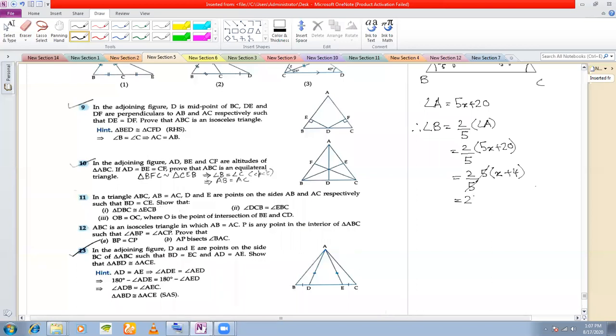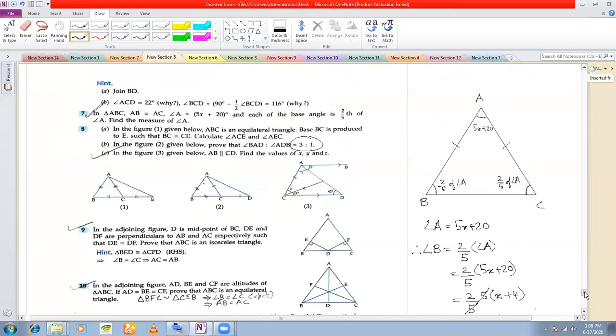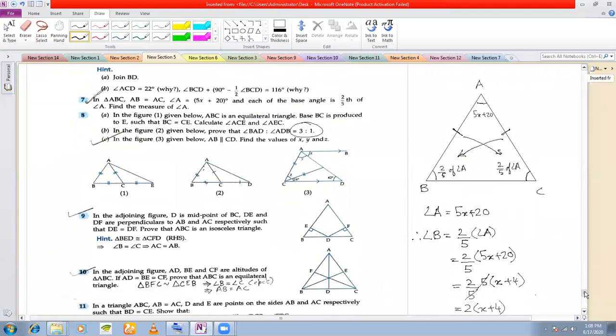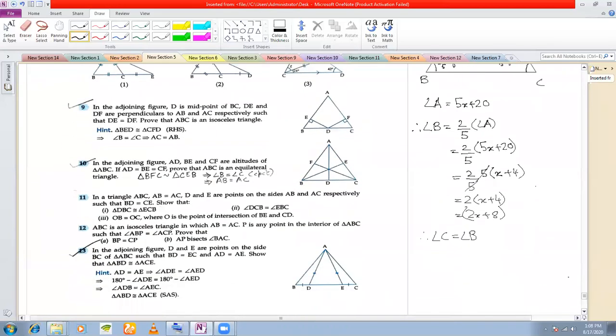So what you get is twice of x plus 4, which is 2x plus 8. And therefore, angle C must be equal to angle B, because both are 2/5 of angle A. Or you can also say that since these two sides are equal, the angles opposite must also be equal. So angle C is also 2x plus 8.